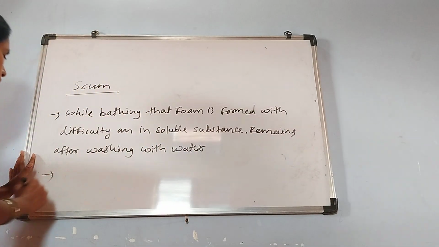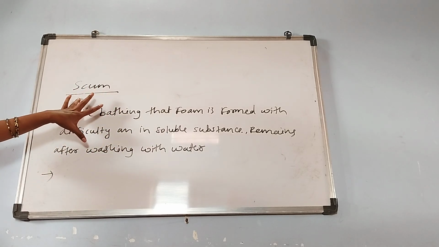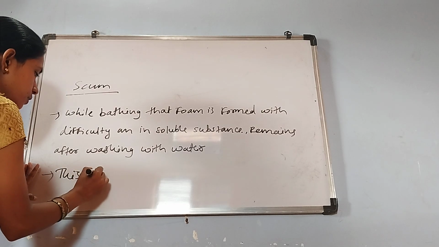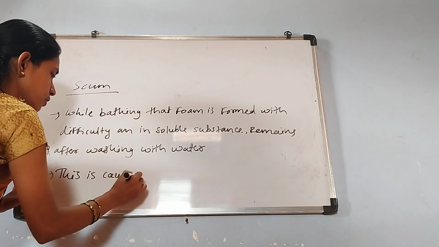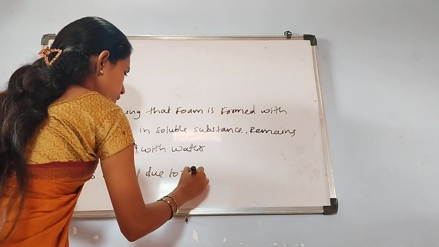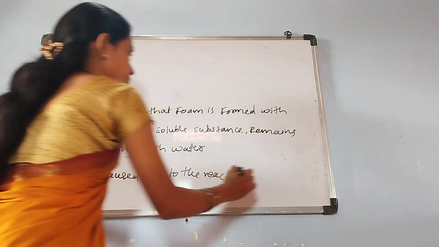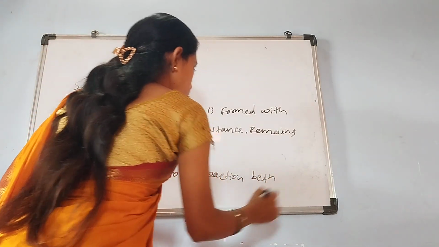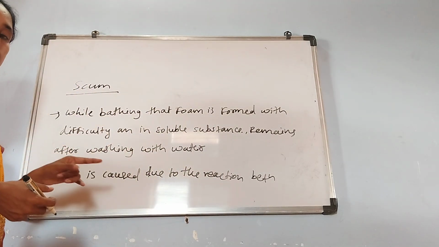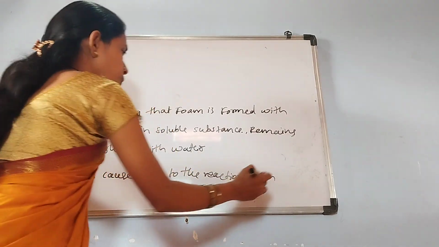Okay, so this is called scum. And why is scum forming? It is caused due to the reaction between soap, having sodium and potassium, and the calcium and magnesium present in hard water.